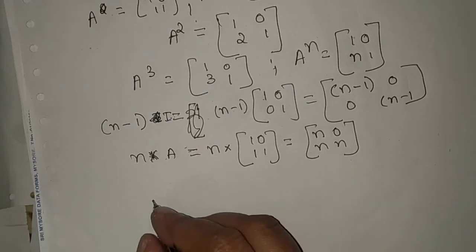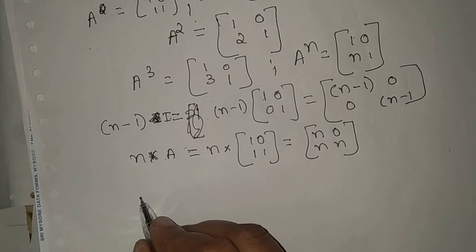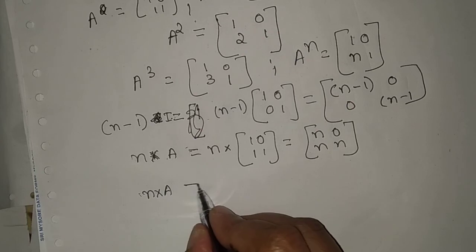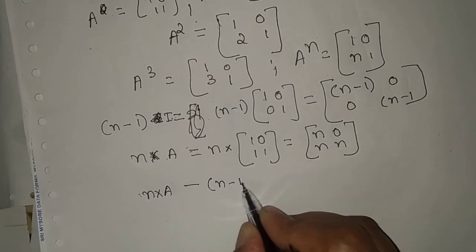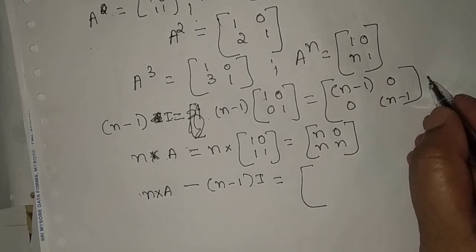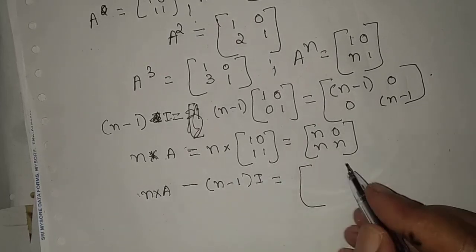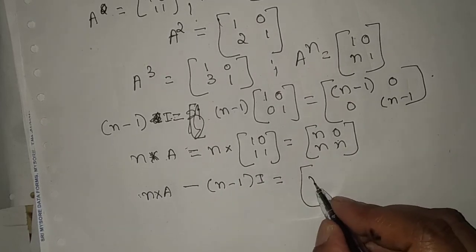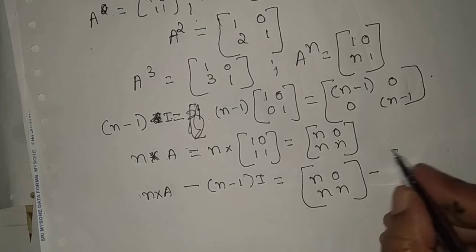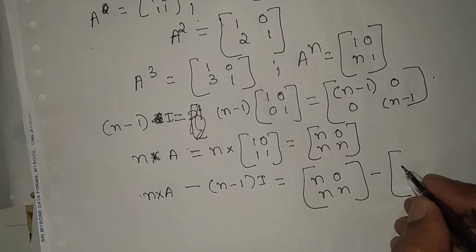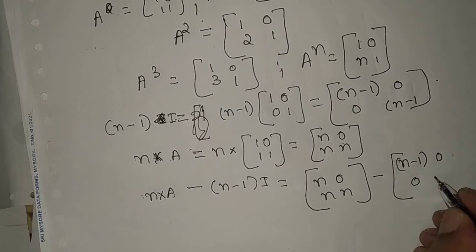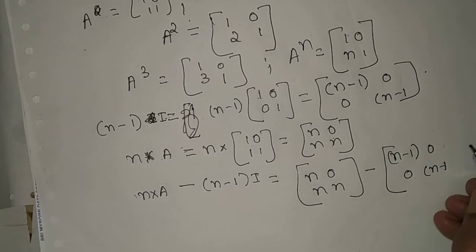After this, next step is nA minus n minus 1 into I is equal to, so we take this one and this one. nA is this one, n 0 n, minus this one, that is n minus 1 into, 0; 0, n minus 1.